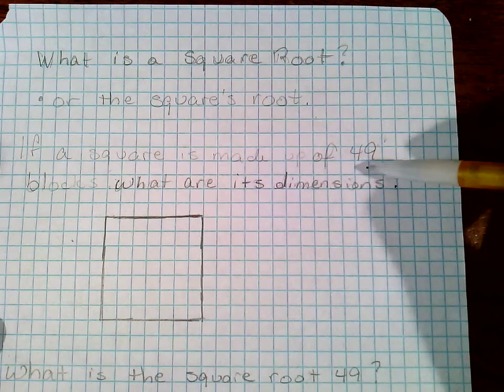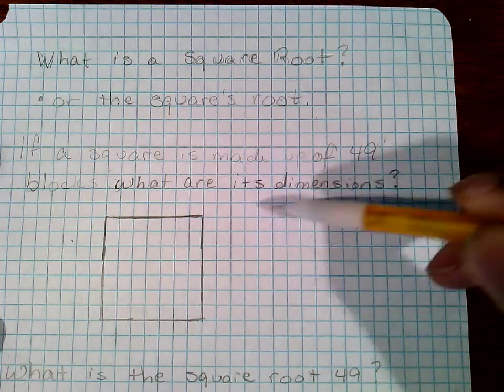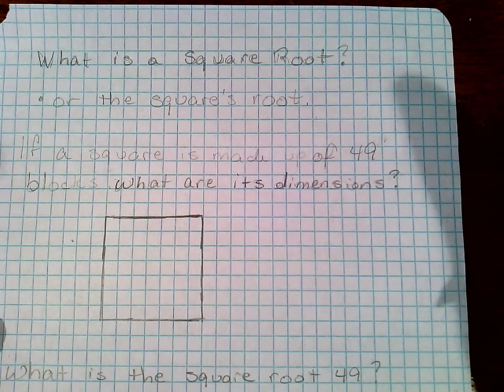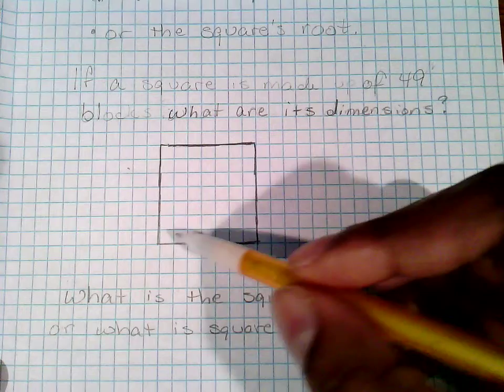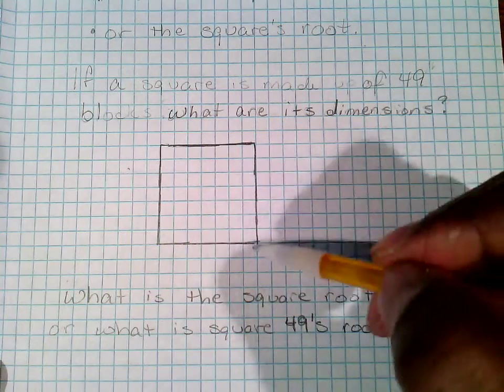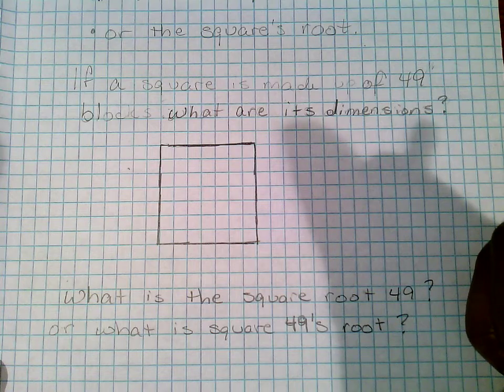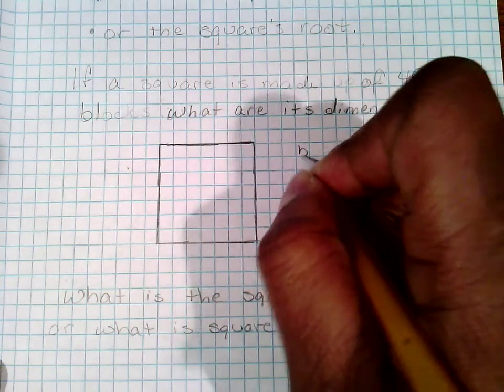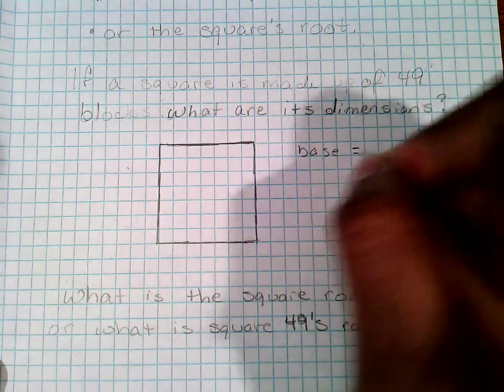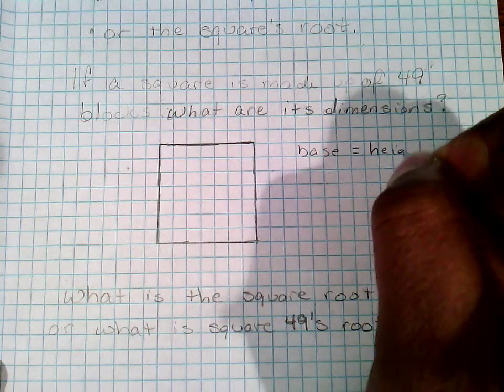If a square is made of 49 blocks, what are its dimensions? So here we have a square of 49 blocks. And one thing we know about a square is that the base and height are equal.